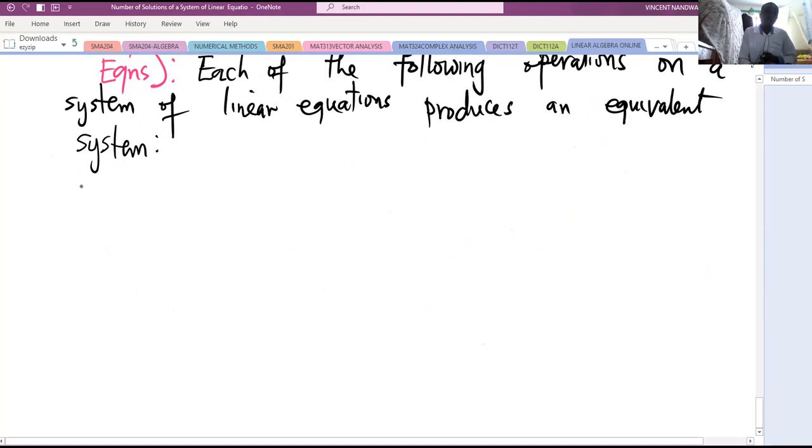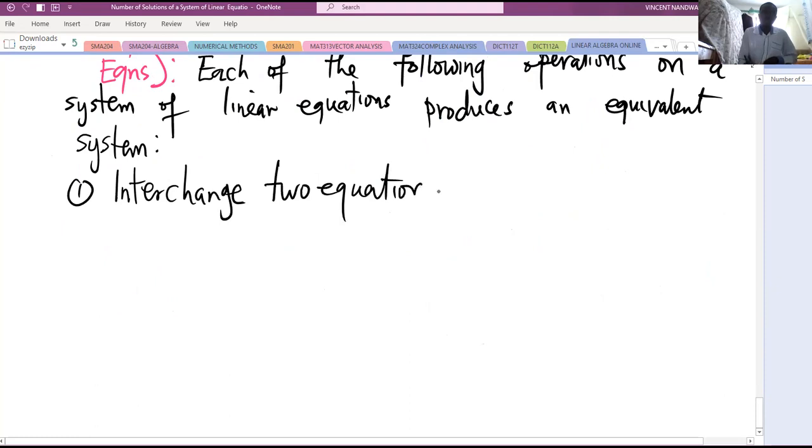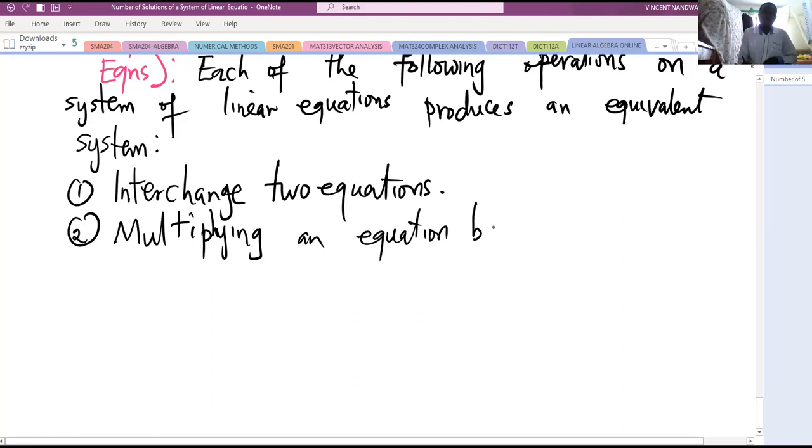There are just three. One, interchange two equations. Number two, multiply an equation by a non-zero constant.